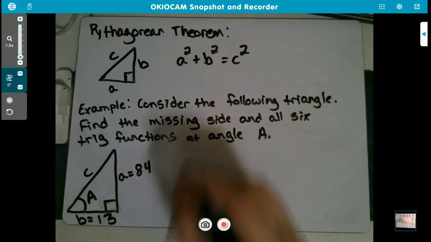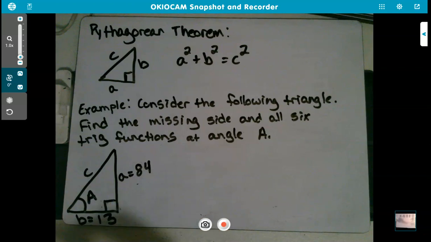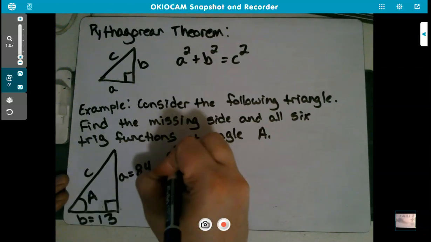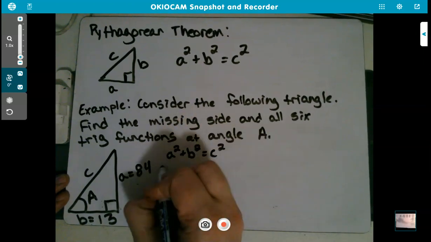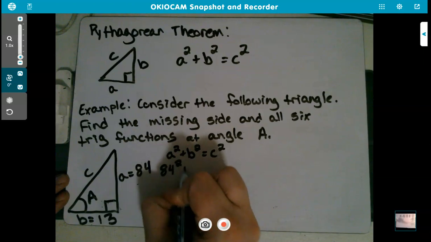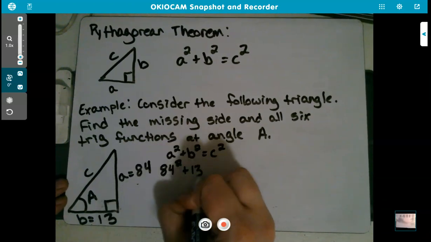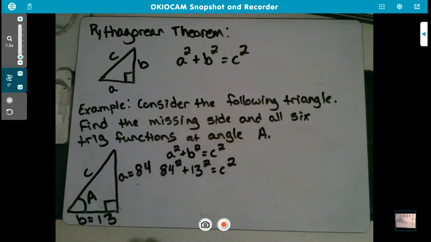Okay. So I know from this rule right here, I can do A squared plus B squared, and that is equal to C squared. So again, because I know A squared plus B squared is equal to C squared, I know A is 84, so 84 squared plus, I know B is 13, so 13 squared is equal to whatever C is squared.